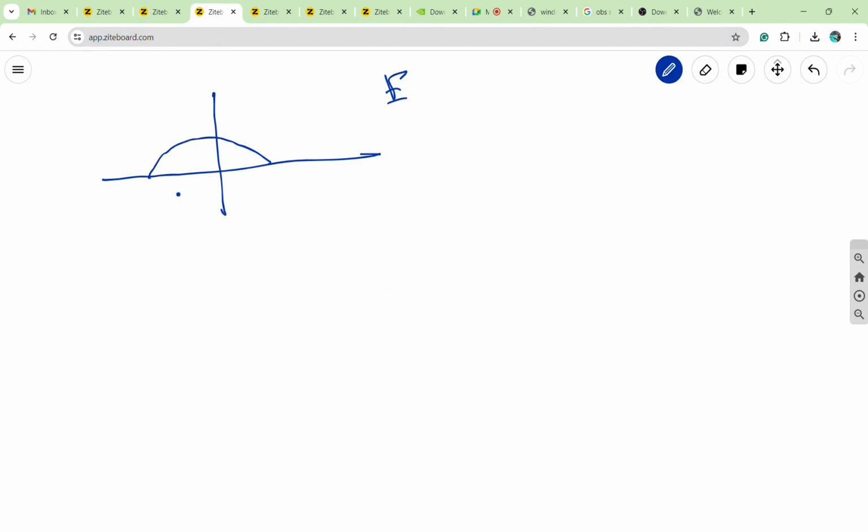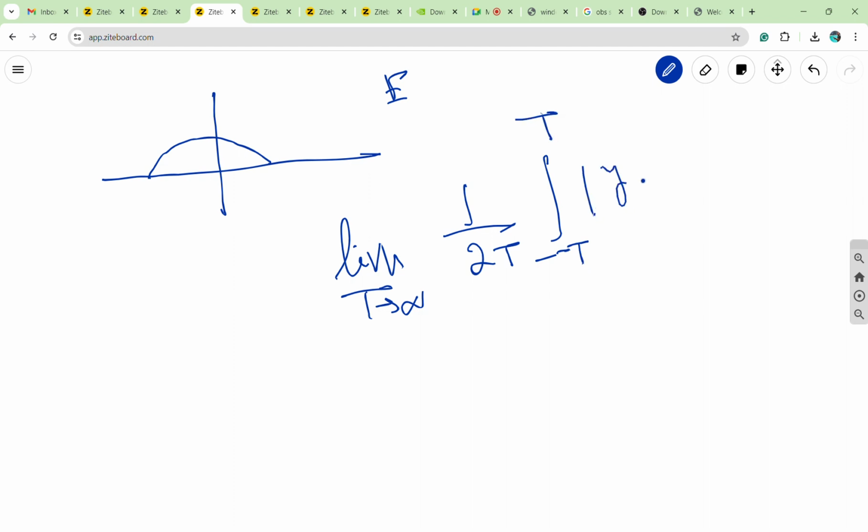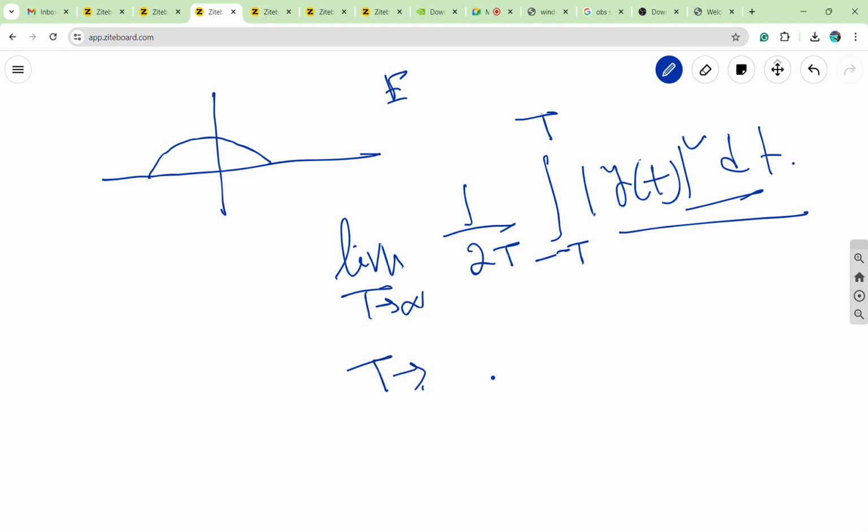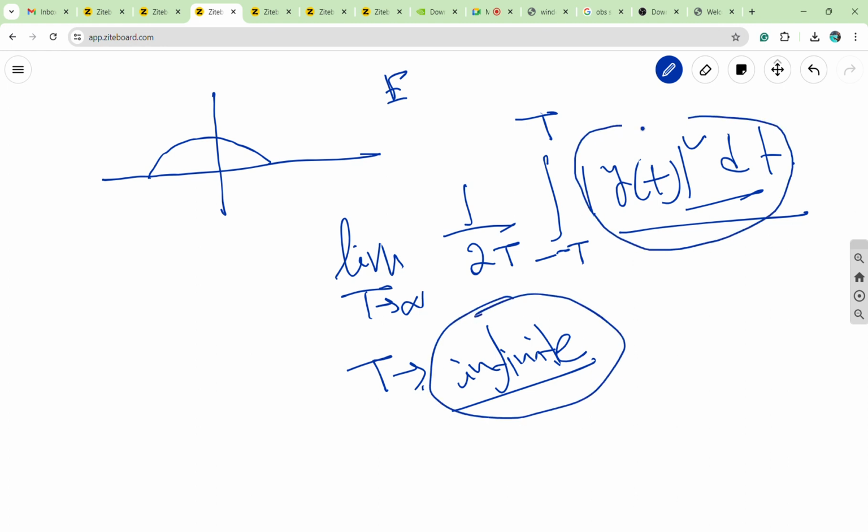So if I want to calculate the power of this signal, what happens? We have to take the limit of T tends to infinite of 1 by 2T times the integral from minus T to T of mod of y(t) square dt. Now this integral term is finite for an energy signal, but this T goes to infinite.